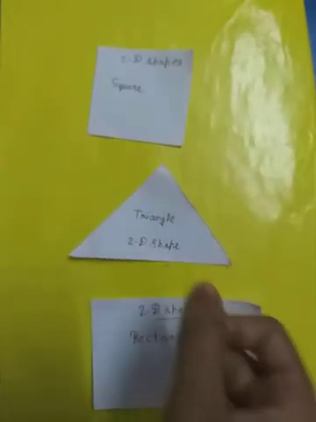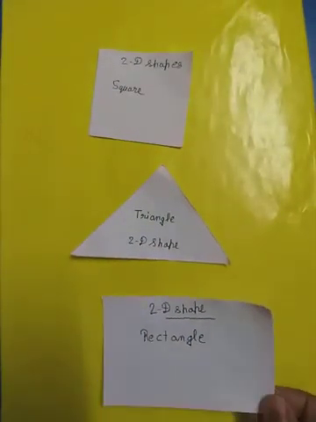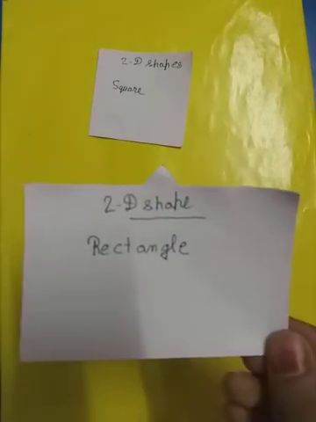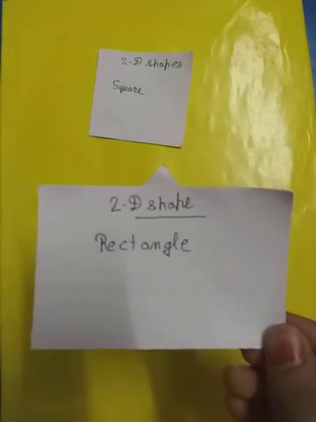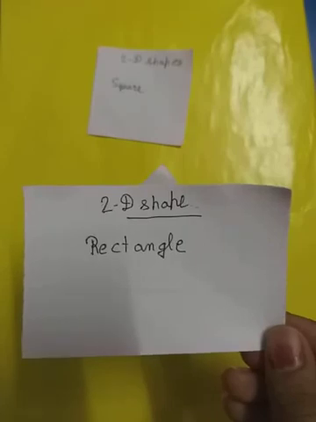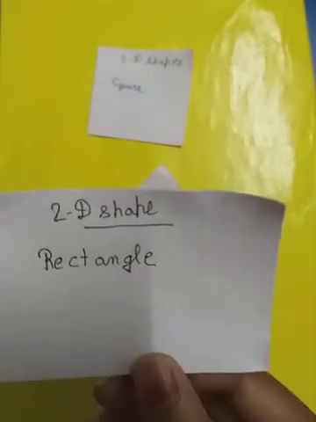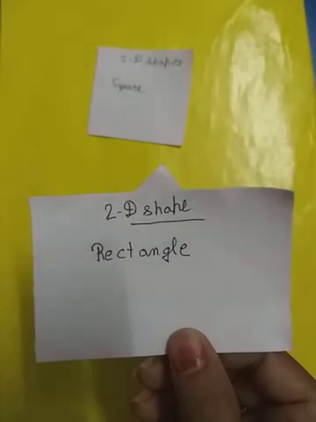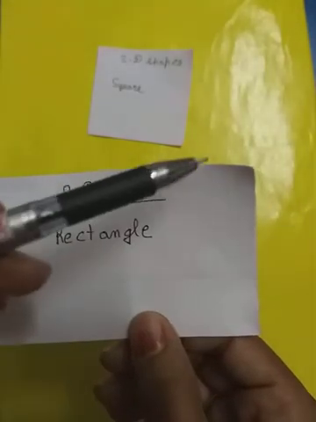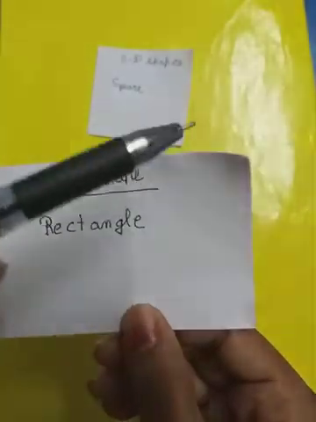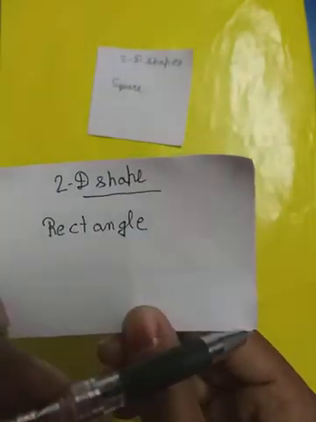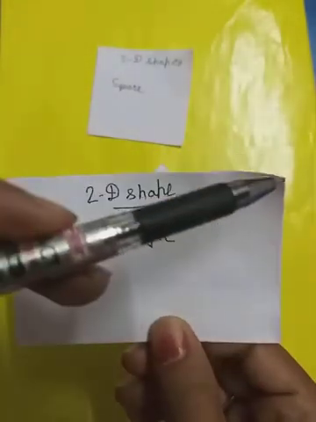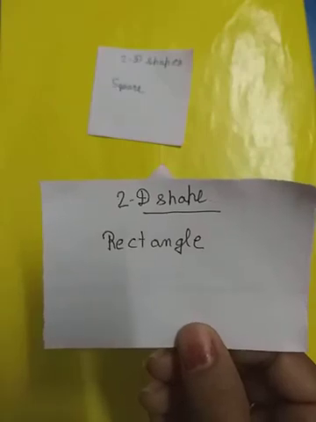The next shape we have is the rectangle. In this also we have only 2D. 2D means two properties, two-dimensional. This one is the length of the rectangle and this one is the breadth.